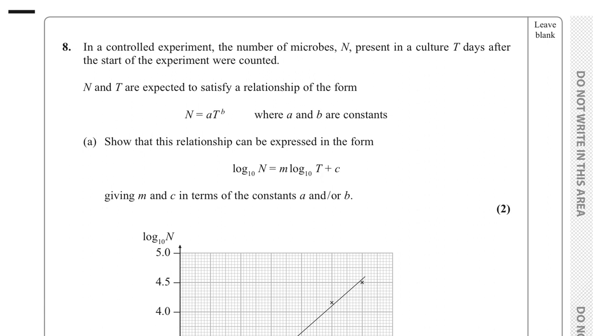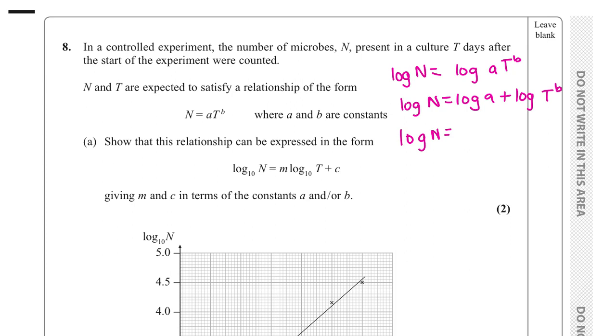Okay, so we just need to do logs to both sides. So log N equals log of A T to the power of B. We know that's the same as log N equals log of A plus log of T to the power of B, which can be written as log N equals log A plus B log T, using all the log laws.